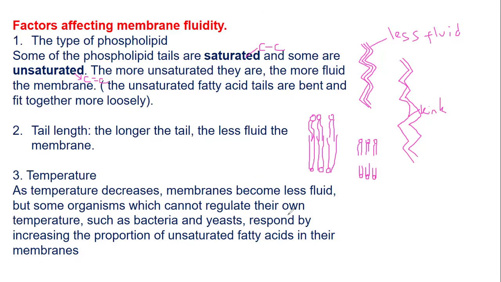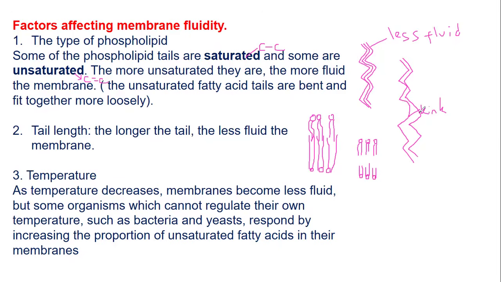If it's becoming more fluid, still something has to be done for the fluidity to be maintained at normal. So if the membrane is becoming much more fluid, the fatty acids that are making it up can be changed. An example, if they are saturated, saturated means the membrane is going to be less fluid. So more unsaturated fatty acids can be added to that membrane if it's becoming less fluid.